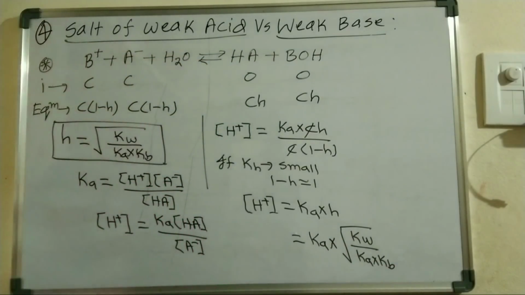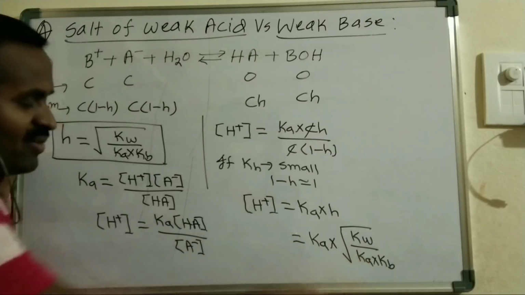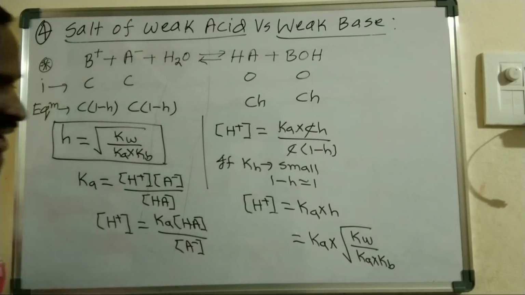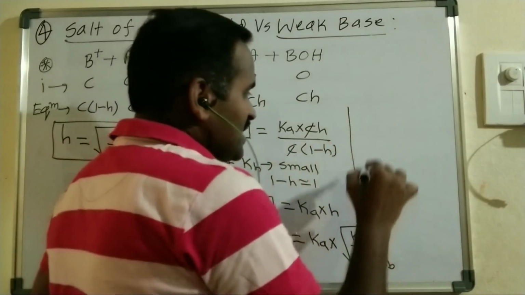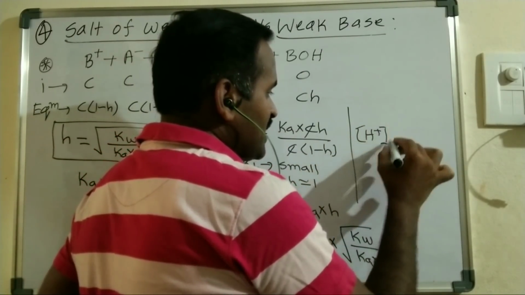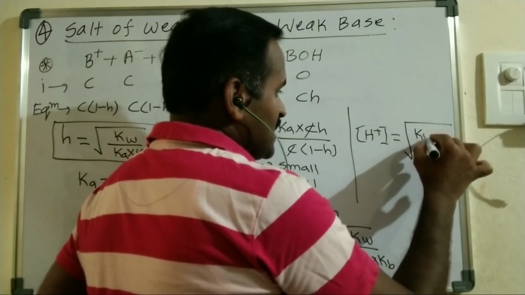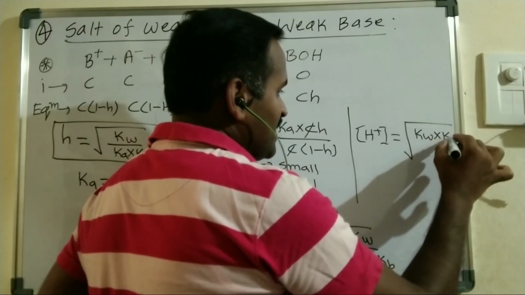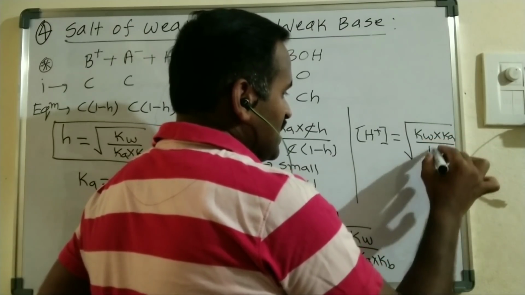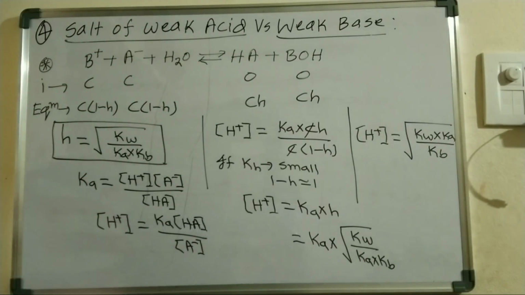When we take this Ka inside the square root, you will get Ka squared, and here Ka will get cancelled, and finally we get that the H plus ion concentration is equal to the square root of Kw into Ka divided by Kb. So this is the H plus ion concentration.